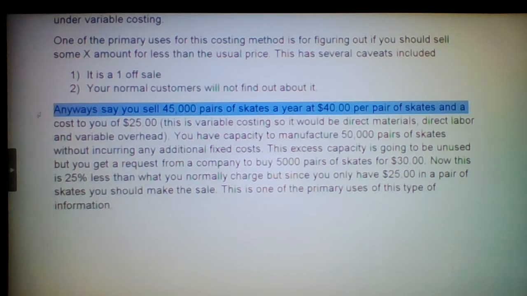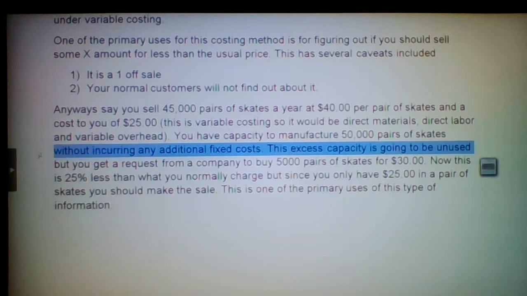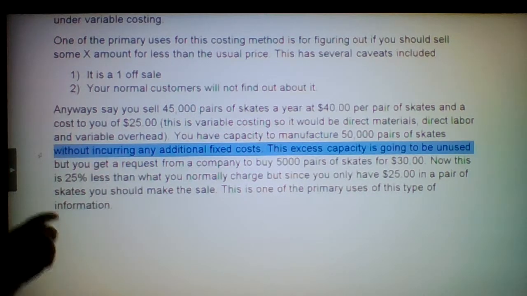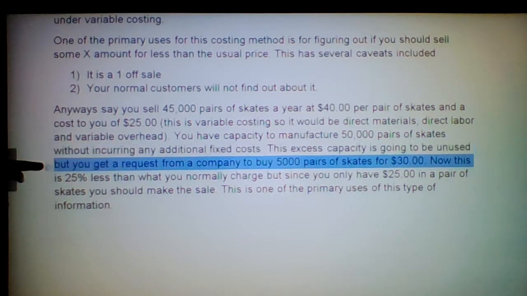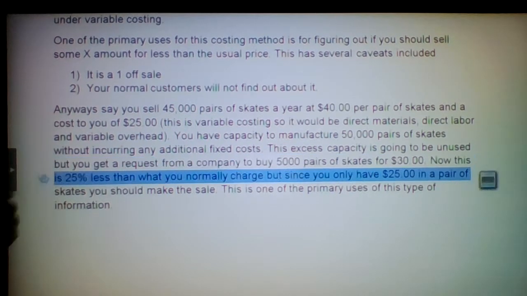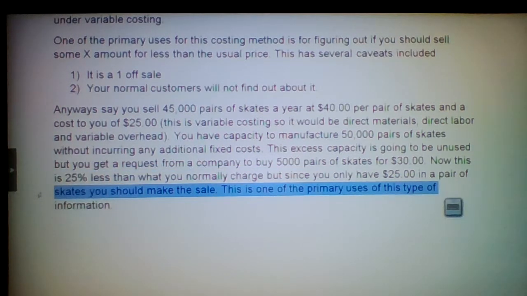You have the capacity to manufacture 50,000 pairs of skates without incurring any additional fixed costs. This excess capacity is going to be unused, but you get a request from a company to buy 5,000 pairs of skates for $30. Now this is 25% less than what you would normally charge, but since you have $25 in a pair of skates, you should make the sale.